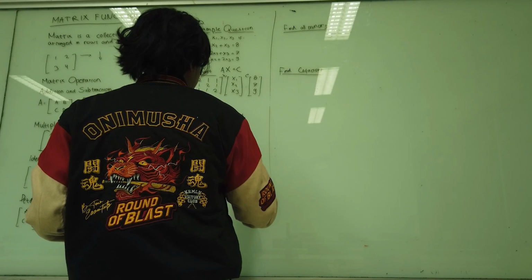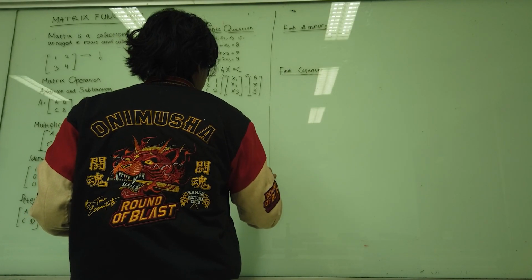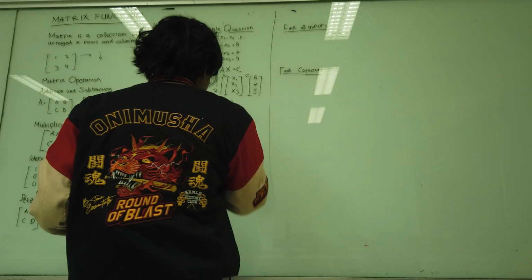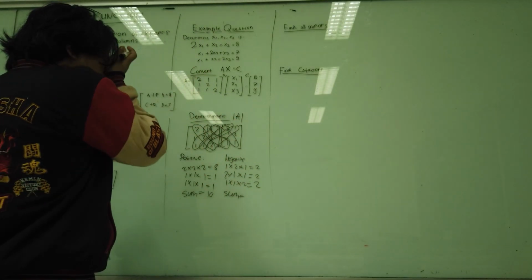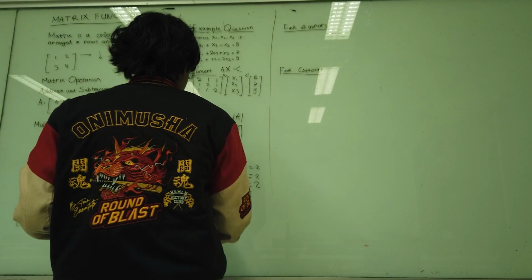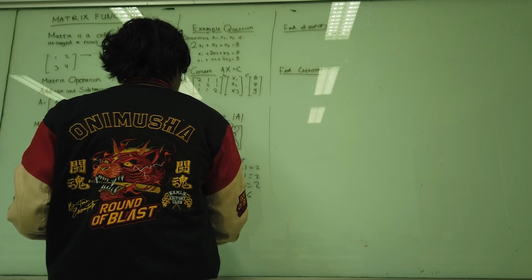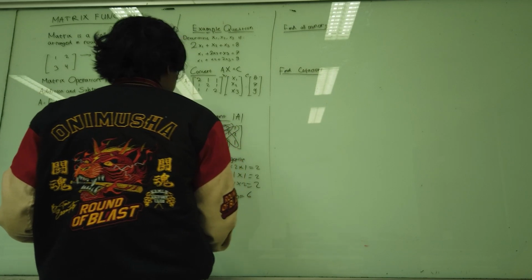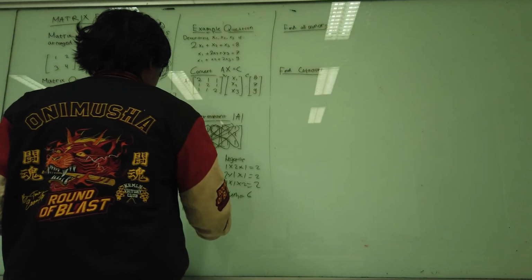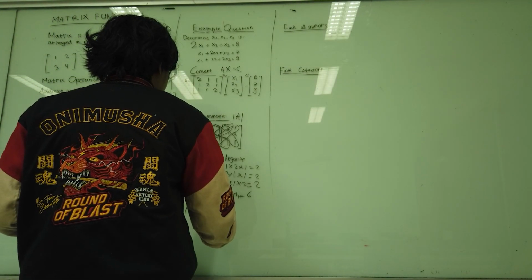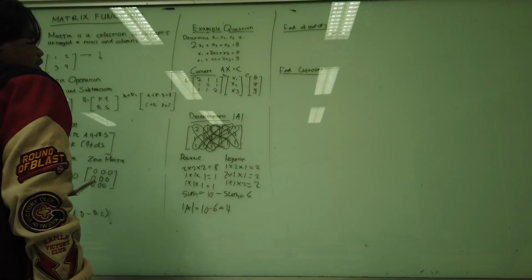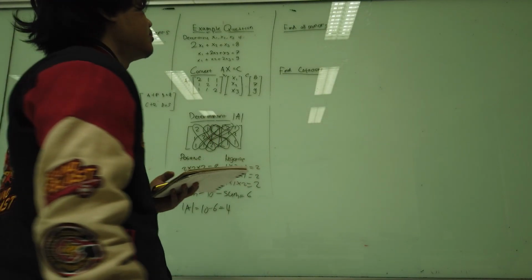First we calculate it: we get 2, 2, and lastly 2. To sum it up, we add these 3 together and we get 6. So by calculating positive minus the negative diagonals, we found that the determinant is 4.